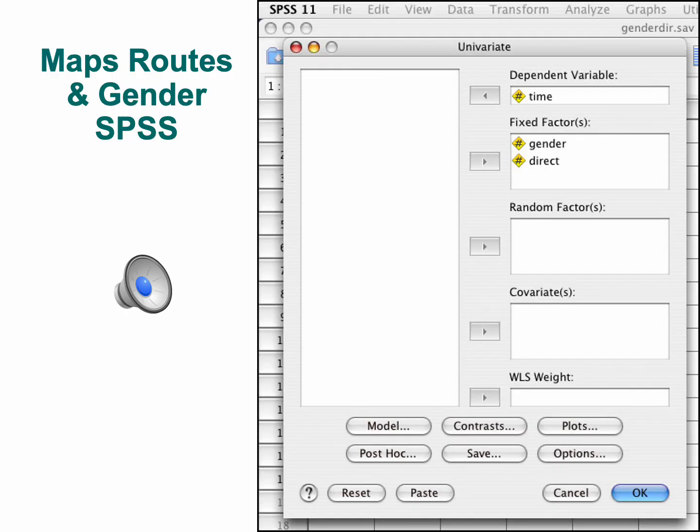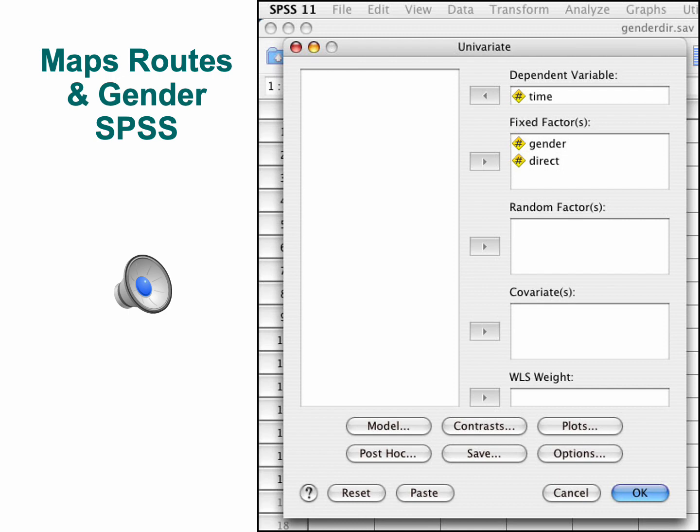After you run Analyze, General Linear Model, Univariate, you'll see a dialog box like this. All three variables, time, gender, and direct, will appear in the left window. You want to put them in the right windows just like you see them here. So click on the variable time, then click on the little arrow that puts time as the dependent variable. Then click on the name gender, and click on the arrow below the one that's for dependent variable.